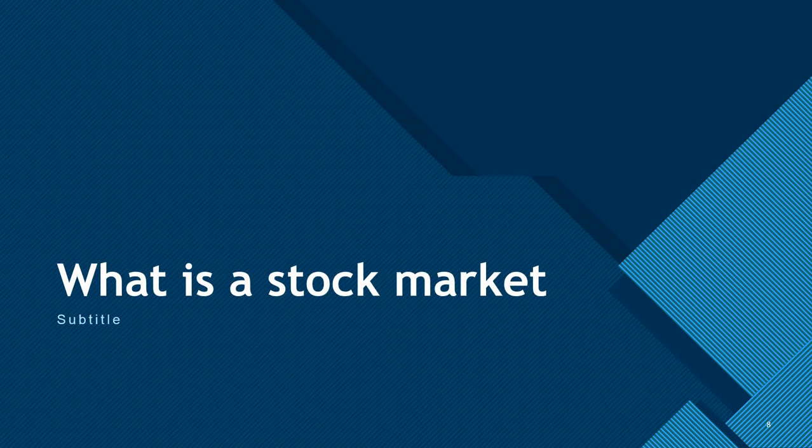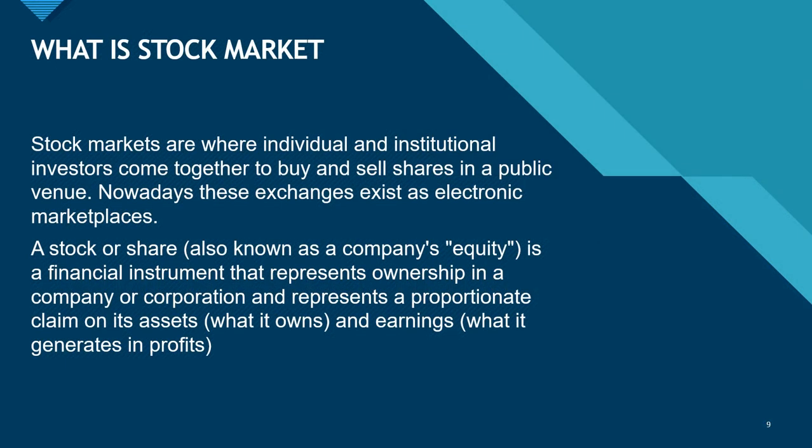So what is a stock market? Stock market is nothing but a market where people buy and sell shares. Nowadays, it has become an electronic medium which has made it easy for everyone to trade sitting at home simply with a laptop or mobile. So what is a stock?